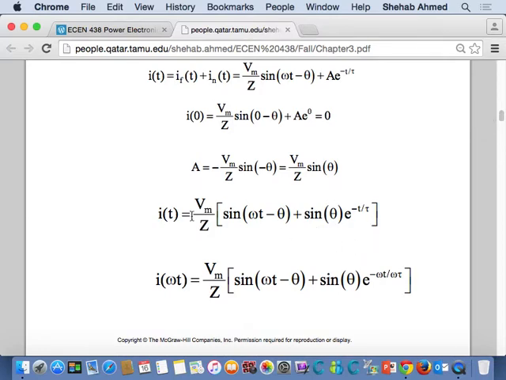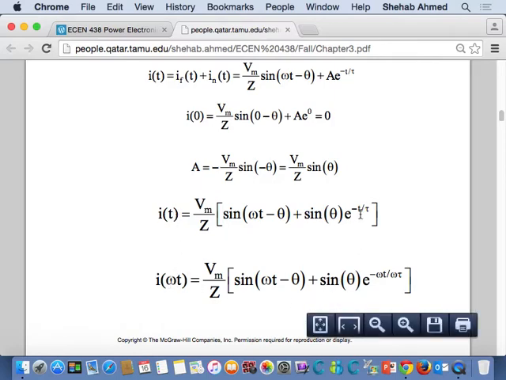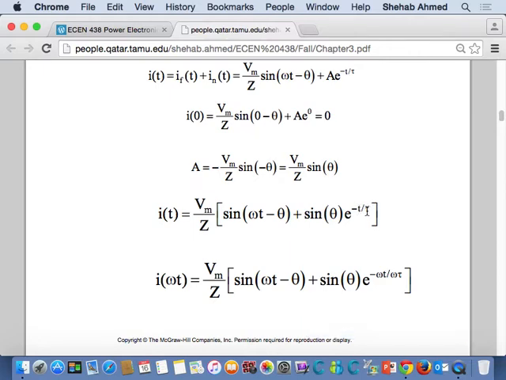I can write it in terms of time, or I can write it in terms of angular frequency, right? So instead of t, I can put omega t here, and then in this case I also have to change this time and this time constant to the same sort of angular frequency terms, right? So I would have to multiply the t by omega and the tau by omega, right? So I can have the same units. Okay, so either I of t or I of omega t.